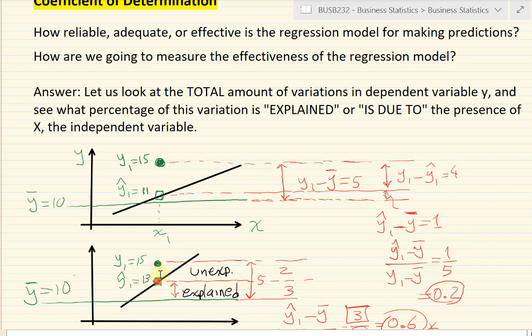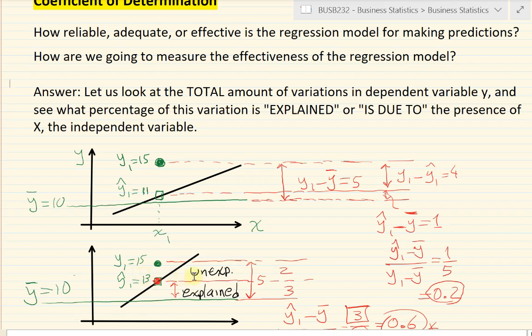The distance between the red box, the predicted value, and y bar is tagged as explained variation due to regression, and the difference between the observed and predicted value is what they call unexplained. Why is there a 2 unit difference between them? I don't know.